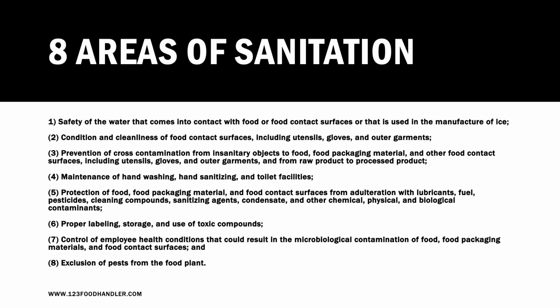Area number 6, proper labeling, storage, and use of toxic compounds. Area number 7, control of employee health conditions that could result in the microbiological contamination of food, food packaging materials, and food contact surfaces, as well as area number 8, exclusion of pests from the food plant. These are the 8 areas of sanitation required for juice and seafood processing facilities.